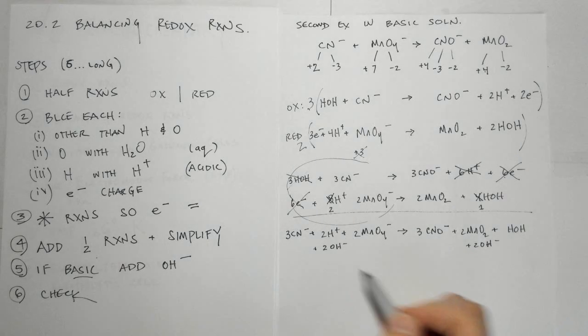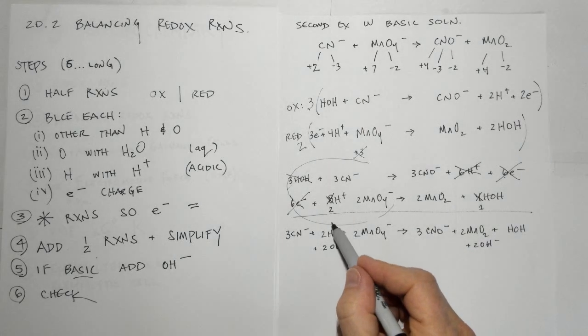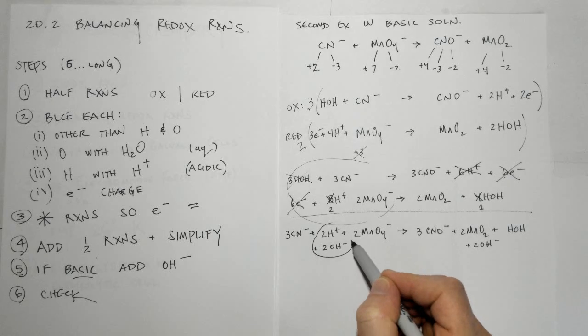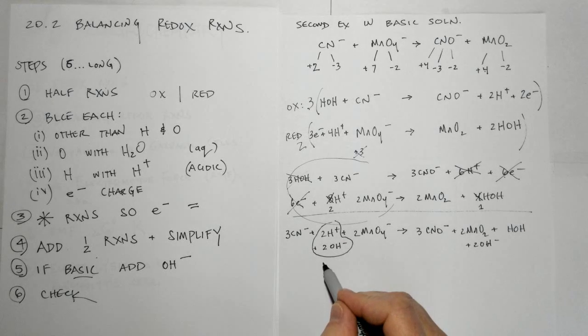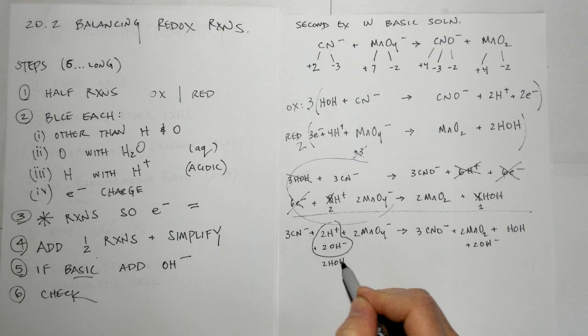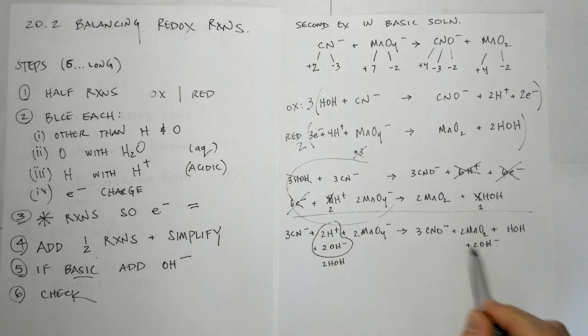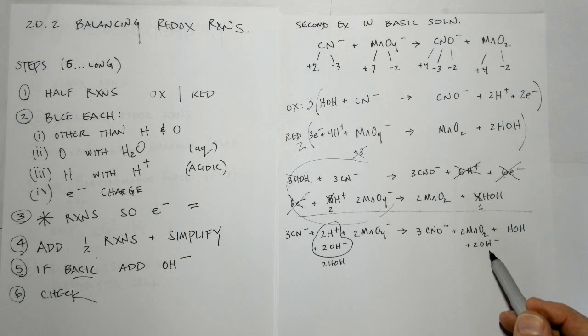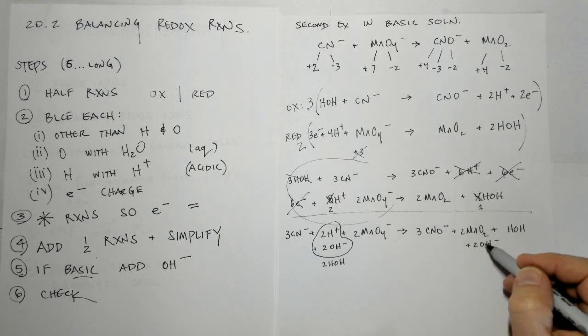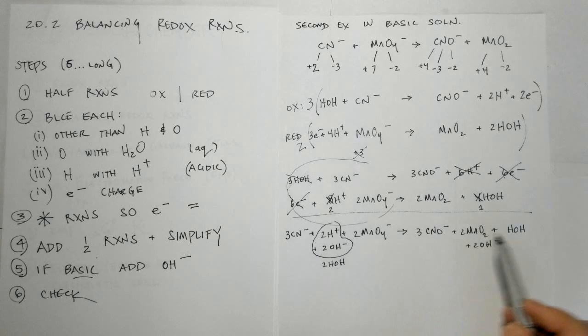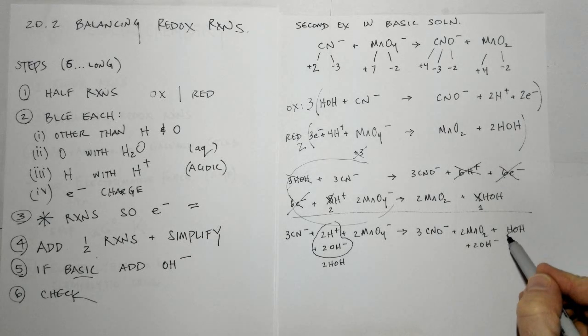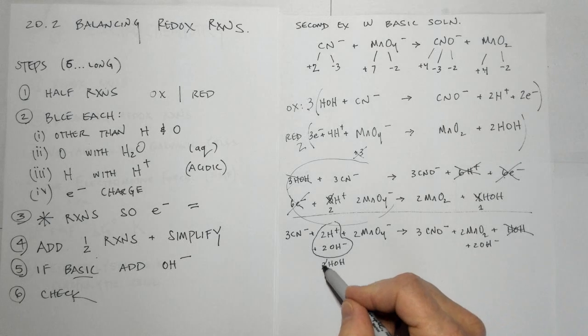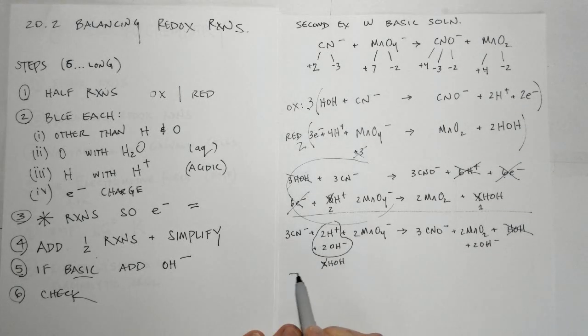And when this happens, I now get rid of these H pluses, and this becomes 2 water molecules, 2 HOHs, and these 2 OHs sit over here indicating that we're in a basic solution. This also allows me to cancel 1 more water, so this water goes away and I only have 1 water left on this side.